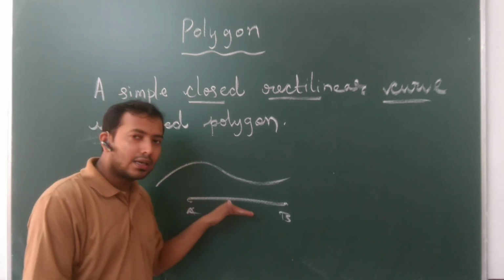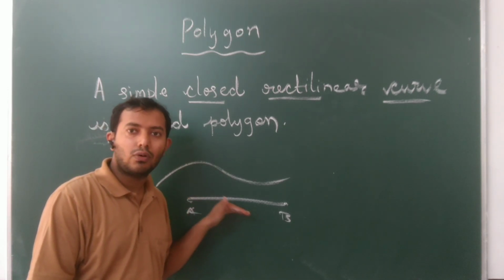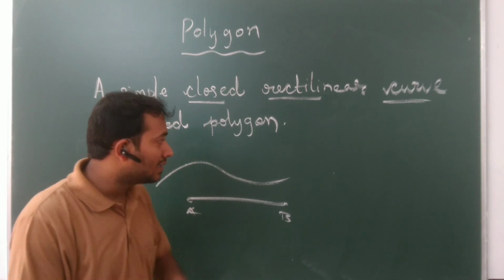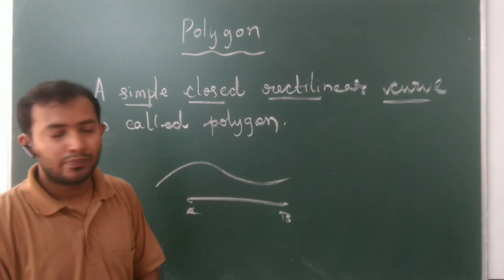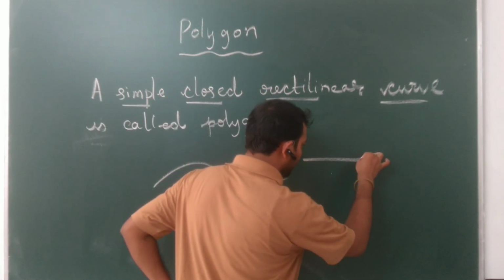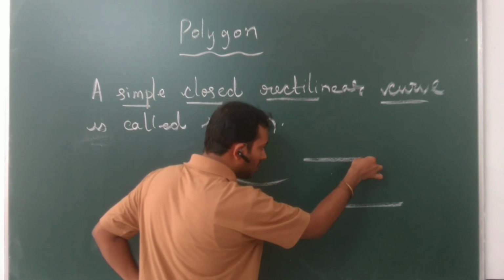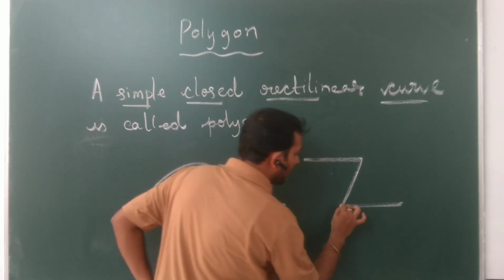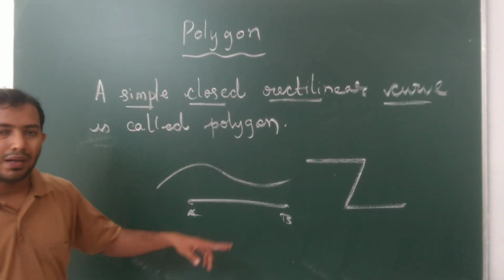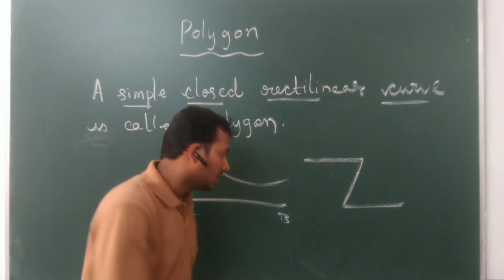So when a curve follows a straight path, straight lines, then that type is a rectilinear curve. Remember, this is your rectilinear curve. Have you seen? Straight lines and sharp corners. You can see there is a sharp corner.